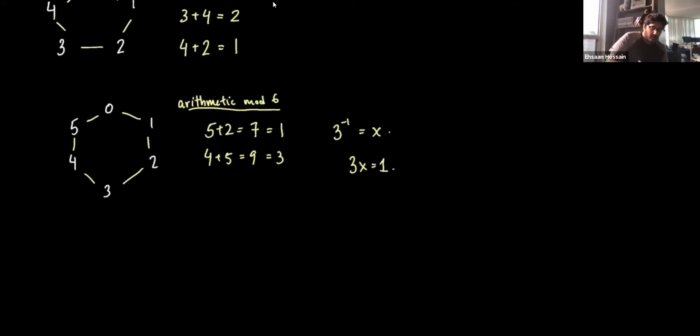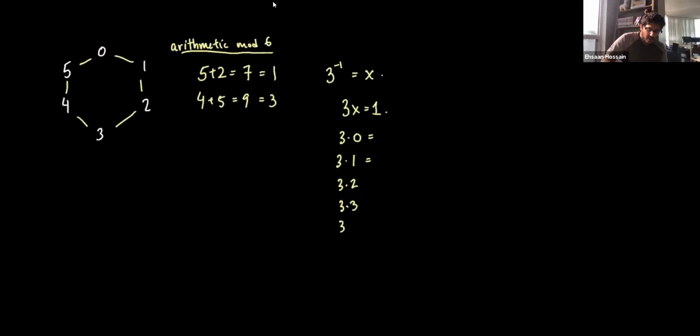So there's only 6 elements here. I can just check. 3 times 0, is that 1? 3 times 1, is that 1? 3 times 2, 3 times 3, 3 times 4, 3 times 5. I can just check all of them. Sorry, I skipped 4. What's 3 times 0? 0. What's 3 times 1? 3.